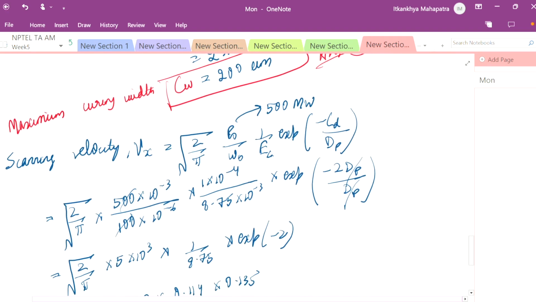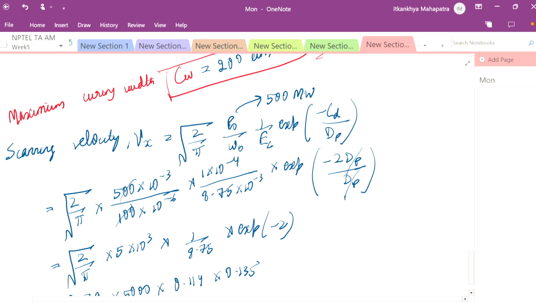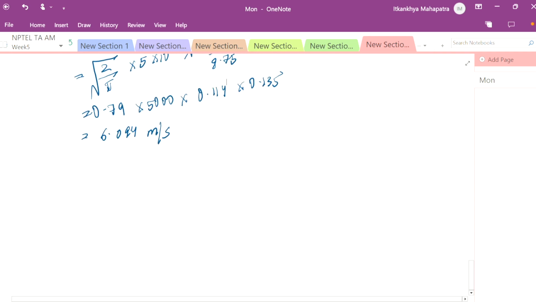Next we'll find the time for scanning the entire area of the vat. We'll just highlight this answer which we received. This is the fourth answer which we solved.